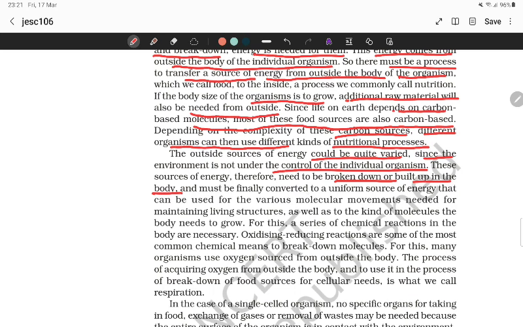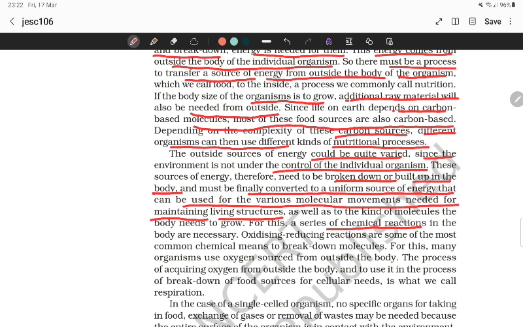When the food is built or broken down, it must finally be converted to a uniform source of energy that can be used for the various molecular movements needed for maintaining the life structures. This maintenance job, as I have told you, always takes place inside the cells of the living body, where a number of chemical reactions take place.